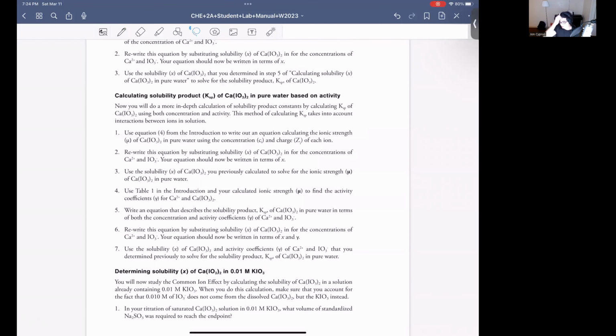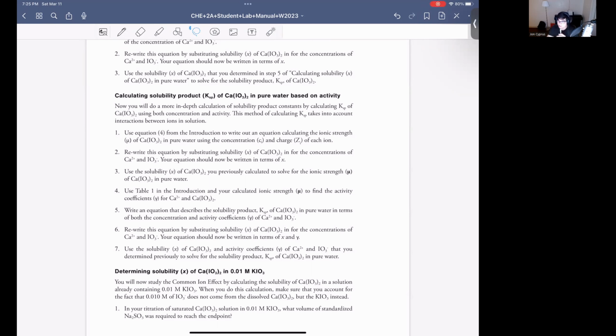Right now, we're calculating the solubility product in water based on activity. So activity is essentially taking into account interactions between molecules, right? So in pure water, you just have the water, the dipole moment. Say oxygens are partially negative, the hydrogens are positive. You have intermolecular hydrogen bonding forces. And so that is what's dissolving this ionic compound, essentially. They're attracted to those and then they end up dissolving.